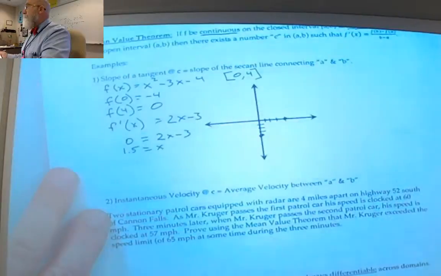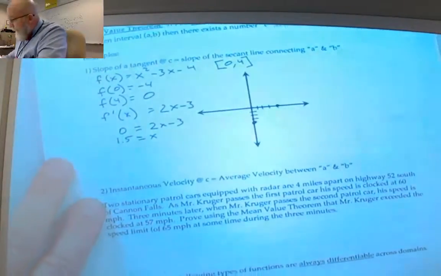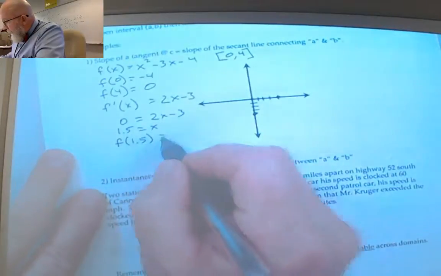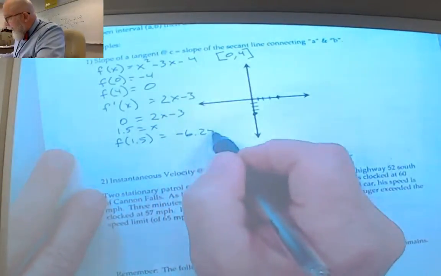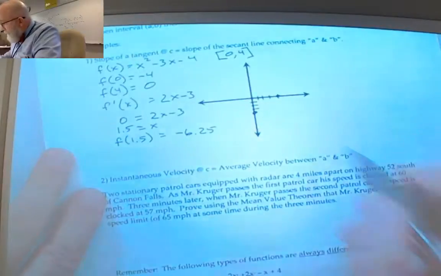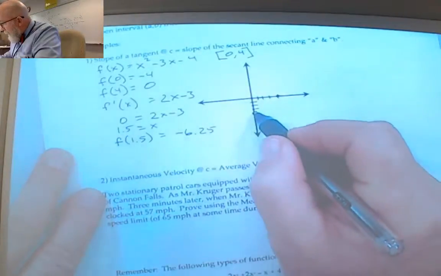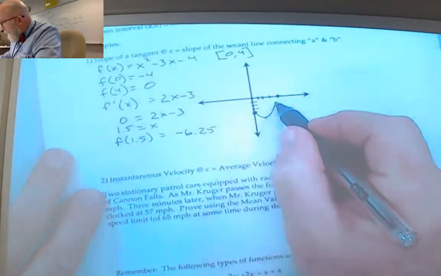So that's a critical number, isn't it? I'm going to put that critical number into f. And did I come up with a negative 6.25? So that's about right here, and the graph looks like this.